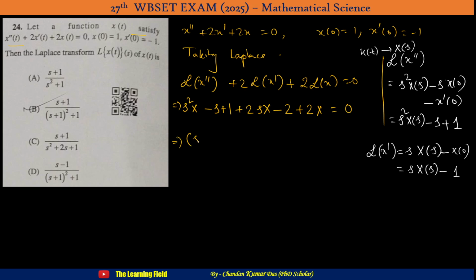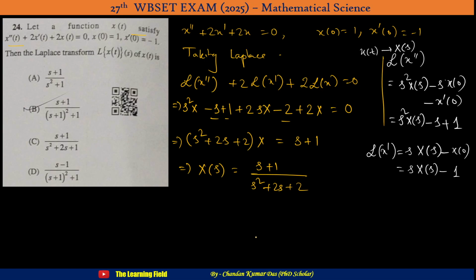So if we take X common, then s square plus 2s plus 2 times X equals s plus 1. That means X(s) equals s plus 1 by s square plus 2s plus 2. This can be written as s plus 1 by s plus 1 whole square plus 1, which is your required answer, option B. Fine, you just have to take the Laplace transformation. There is nothing else to do in this problem.